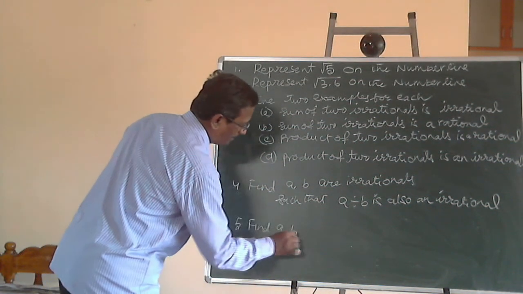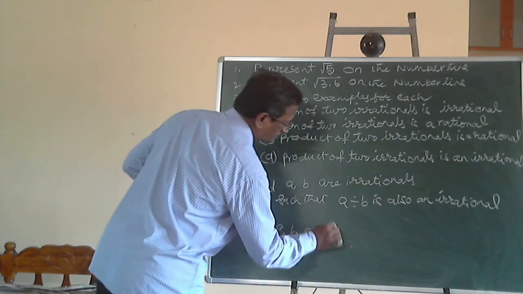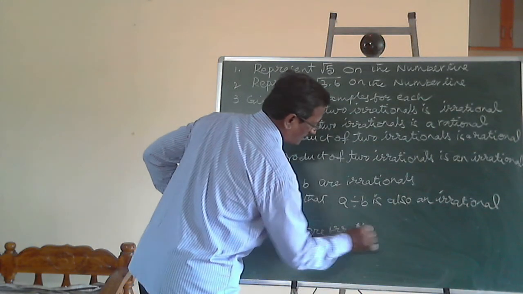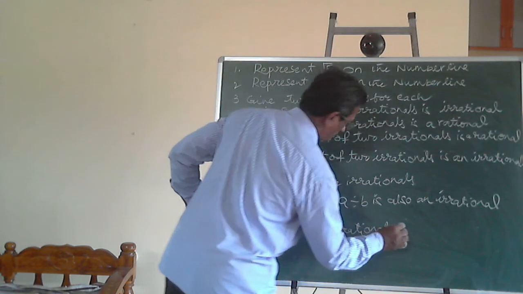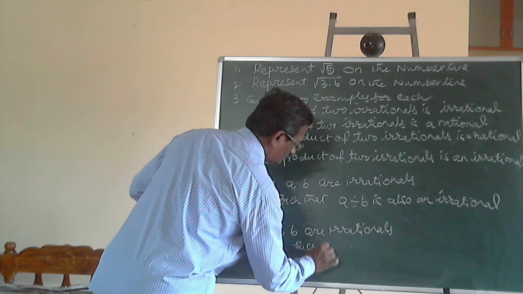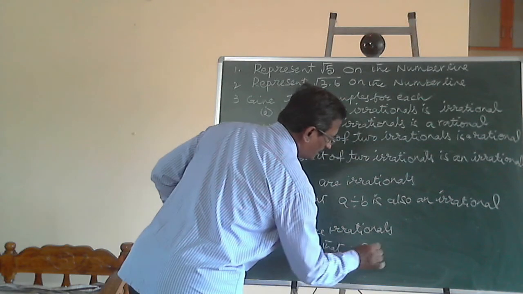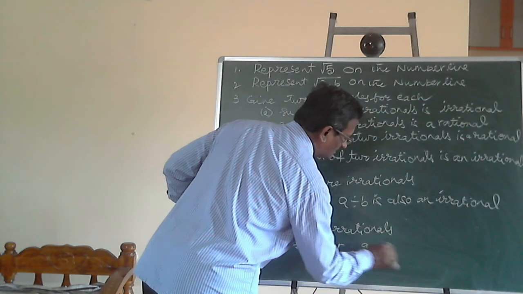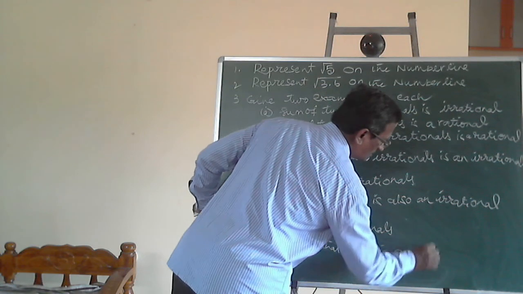Find a, b irrationals such that a divided by b is a rational.